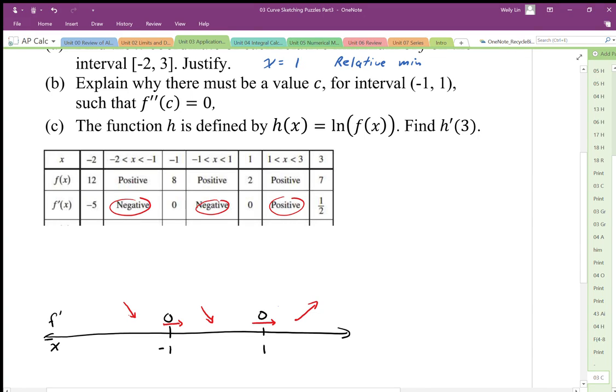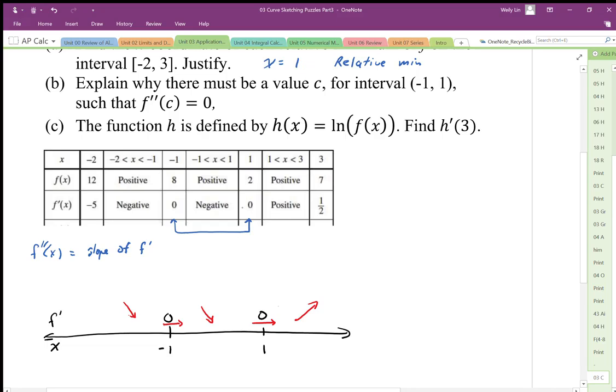Since f prime is smooth and continuous, I'm just going to write this here: f double prime of x is equal to the slope of f prime. And since it's smooth and continuous, we can say that the average slope of f prime between -1 and +1 is going to be 0.